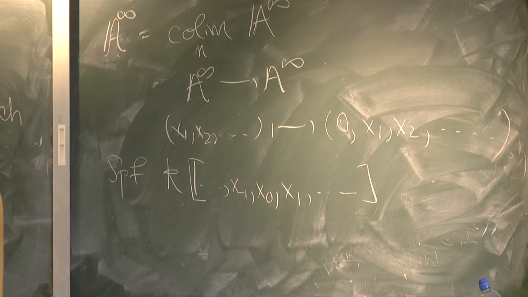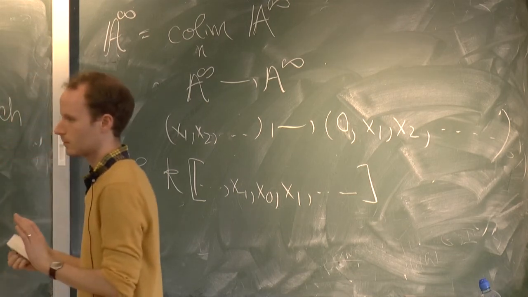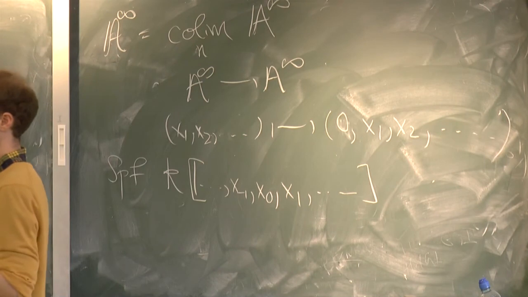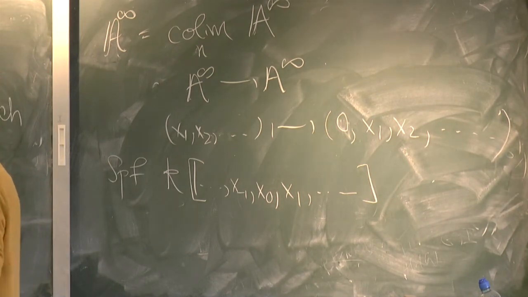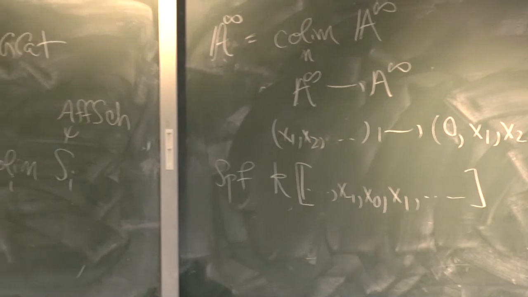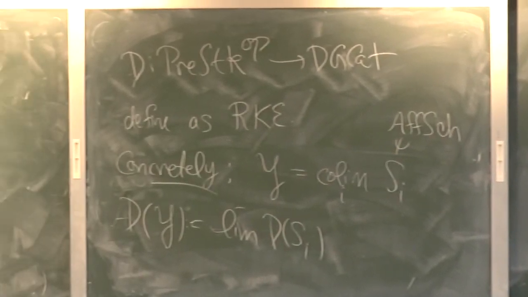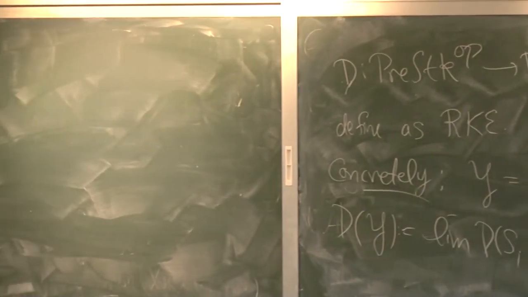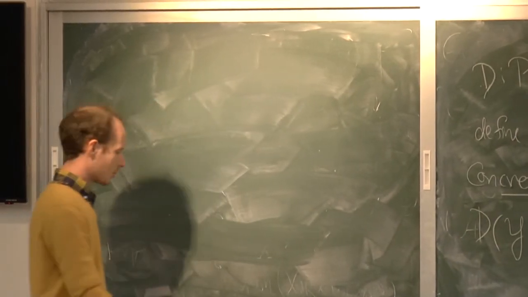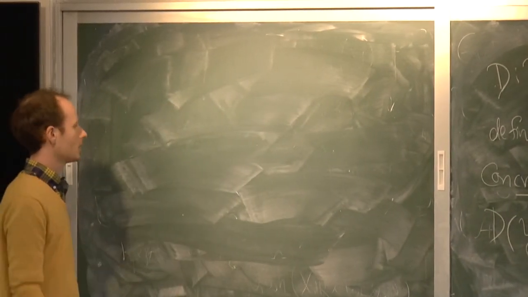For an infinite type affine scheme, it's not determined by that, but it is determined by values on colimits of finite type algebras. So what I'm saying is that the category of pre-stacks is not ind, but like pre-sheaves on a pro category. So it's kind of like ind of pro of finite type affine schemes. And I'm applying one thing for the pro and one thing for the ind.